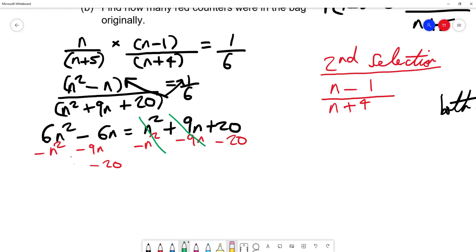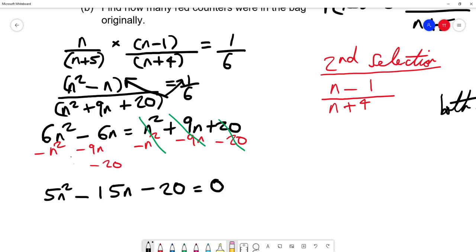And likewise, they cancel out. So what happens? We can simplify this down. 6n squared minus n squared is 5n squared. Then we have minus 6n minus 9n is minus 15n. And then we've got the minus 20 here. And all of this equals 0.